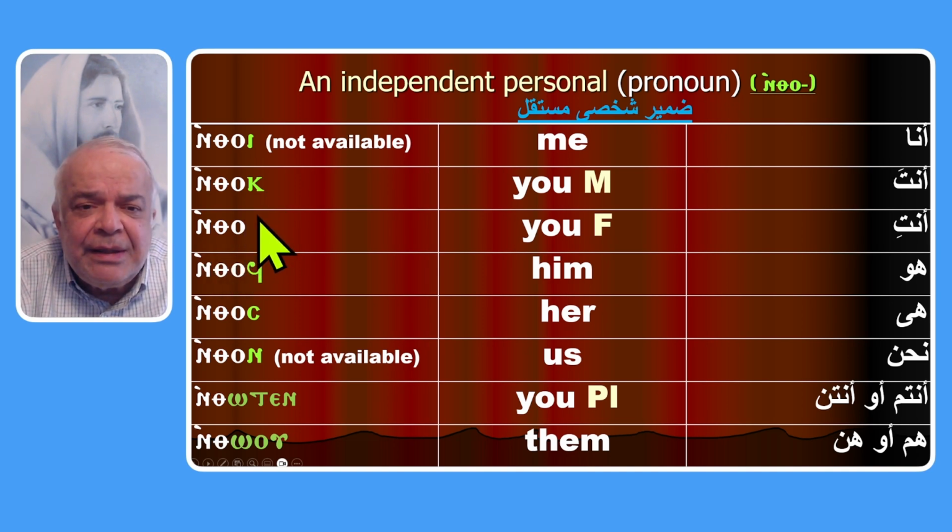Enso, without a pronoun here, means connected to a feminine, second person, singular. Ensof for him. Ensos for her. Enson for us. Ensotain for you, whether males or females, plural. Enso them for males and females, plural.